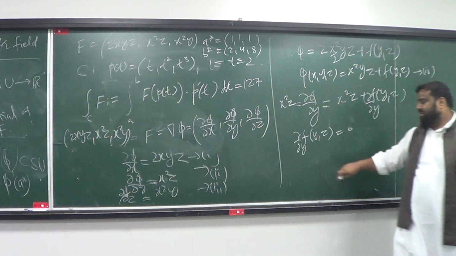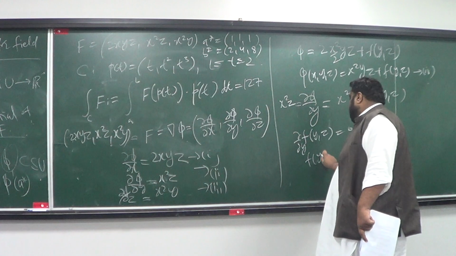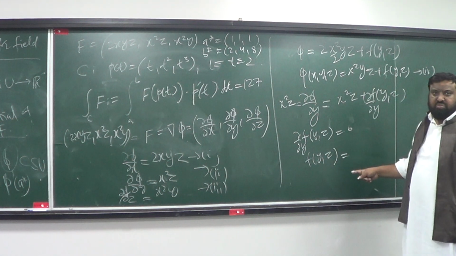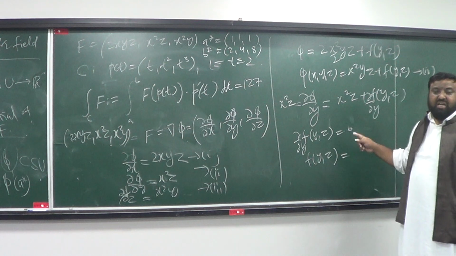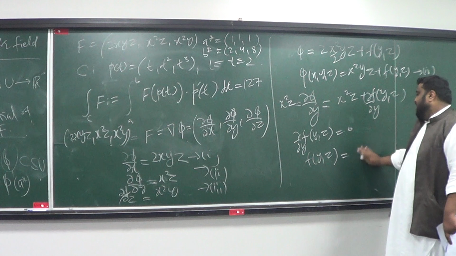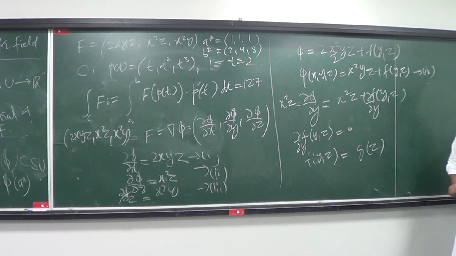Partially integrate with respect to y. The integral of 0 is 0 plus not a constant but a function, and that function is going to depend now on z only. So f of y, z is independent of y.